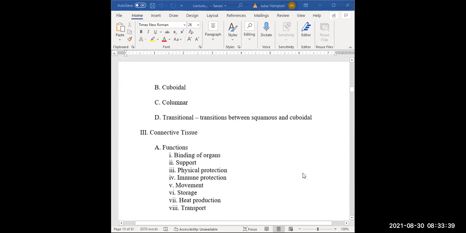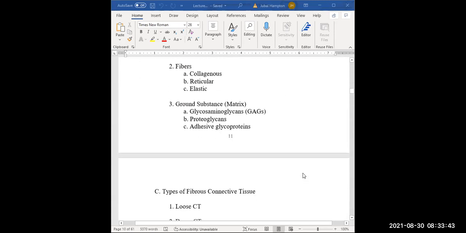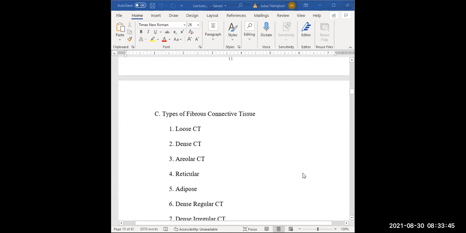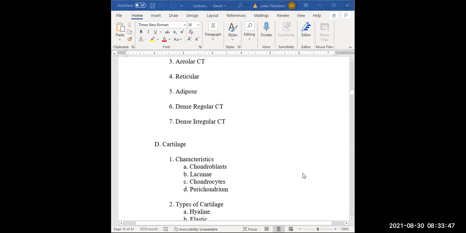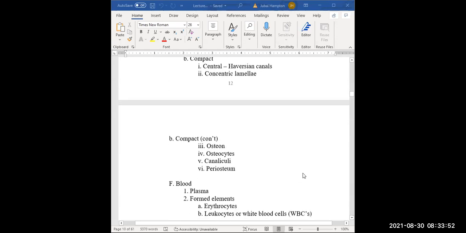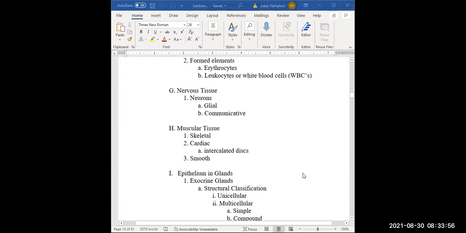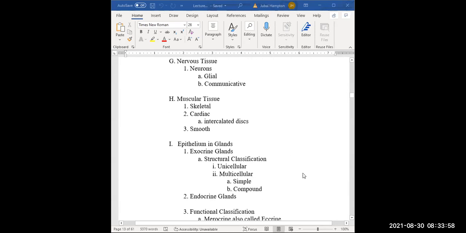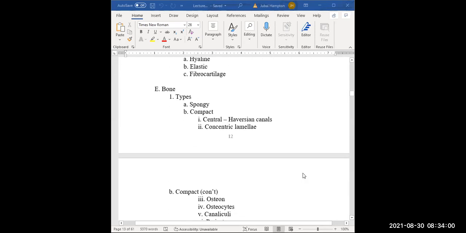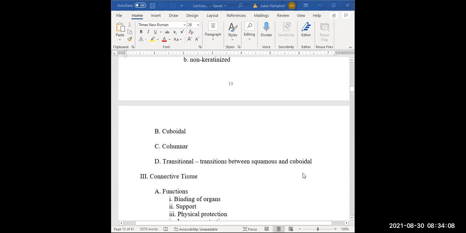We're going to go through connective tissues and some characteristics thereof, continuing on down into bone, blood, nervous tissue, and muscular tissue, with epithelial glands and tissues, etc. If I can begin, I'll touch on the integument today, but I'm not sure I'll quite get to that entirely.